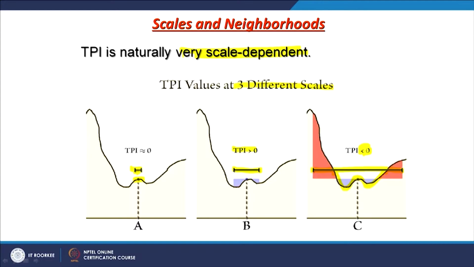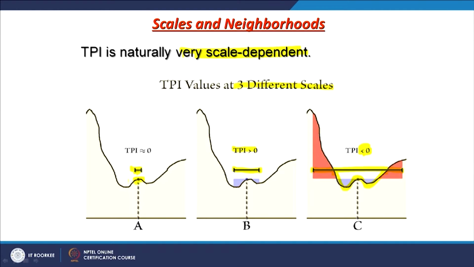So what this example basically tells us is that even for the same area, if the scale or the spatial resolution of the input digital elevation model is different, the same area will be identified completely differently.